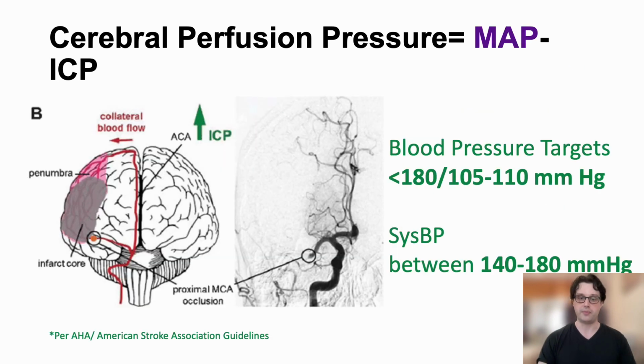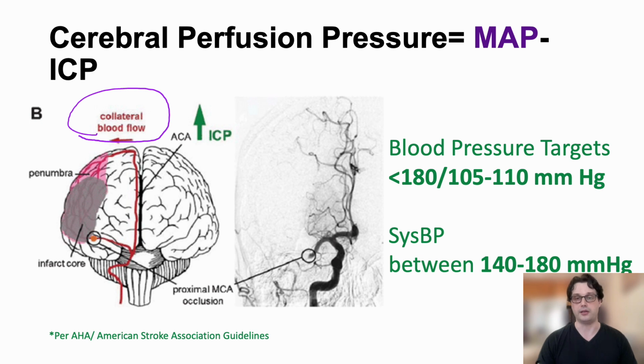So we do come back to this last slide, and we take a look at the mean arterial pressure that we want to monitor over the next couple of days after the stroke. And the reason for that is because we can still deliver blood flow to the penumbra. So here we have collateral blood flow that is going to be coming from the ACA, which is going to be penetrating the penumbra, but also some parts of the infarct core.